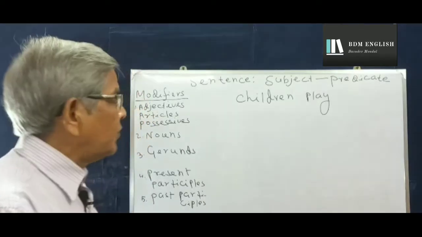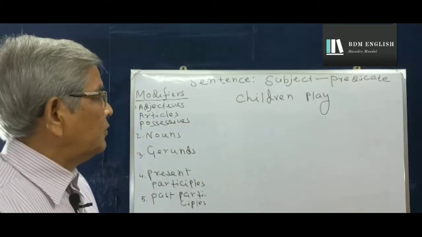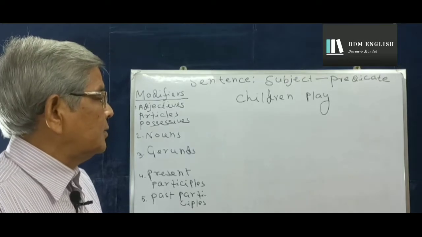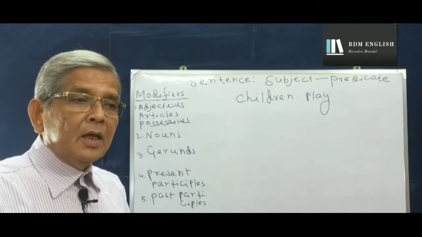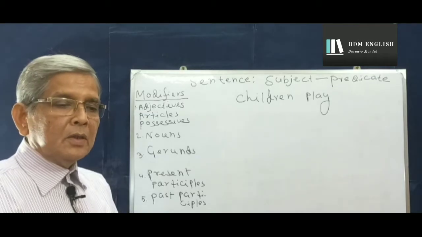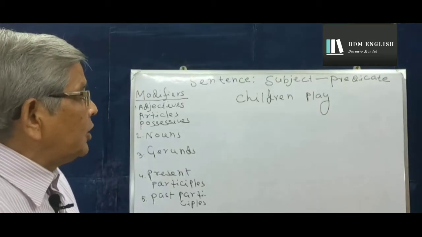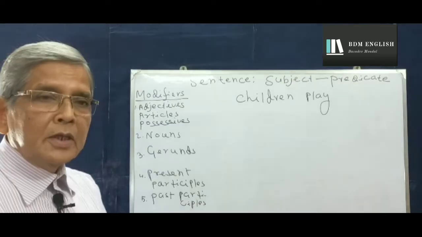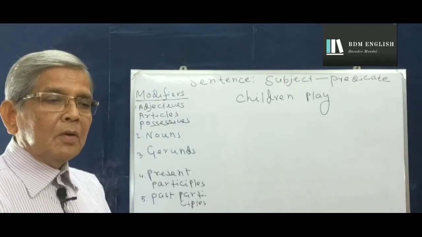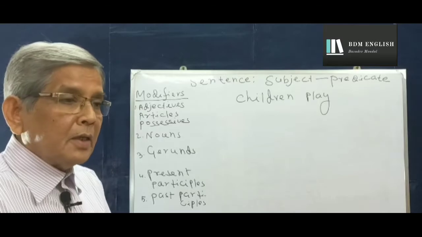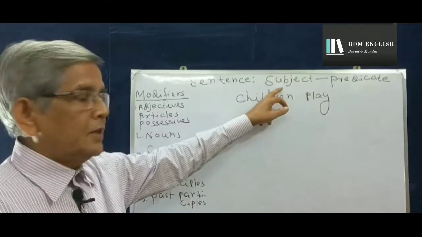Before we say something, we first choose or select the person or the thing about whom or what we want to say something. That chosen person or thing about whom or what we want to say something is our subject.